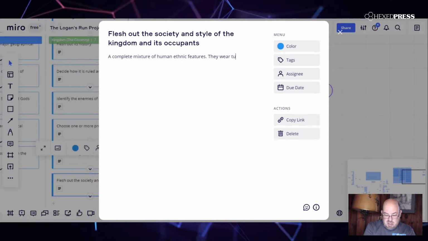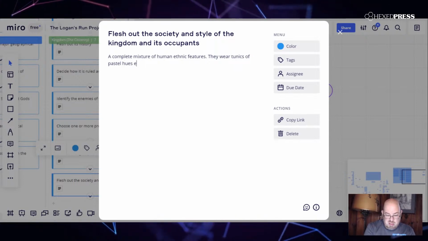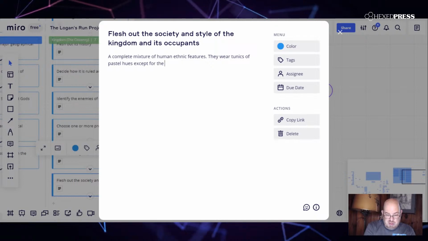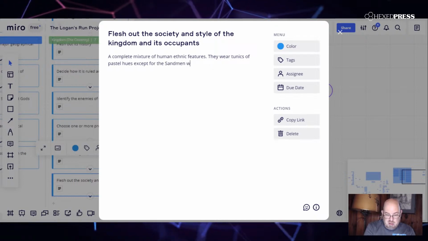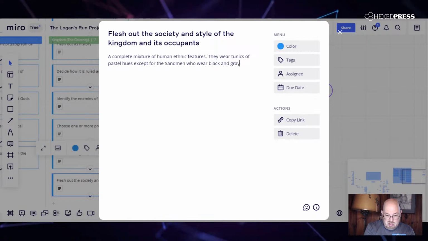They wear tunics of pastel hues, except for the Sandmen, who wear... I don't know, are they sort of jumpsuits? Who wear black and gray colored, let's say, jumpsuits.